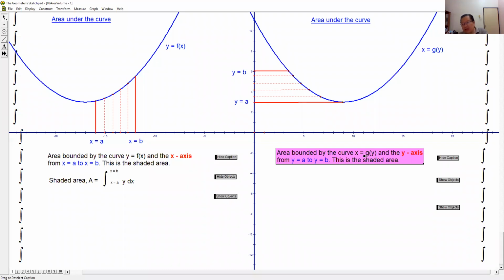The curve is slightly different. We start with x equals g(y), so it's a function of y, whereas on the left-hand side it is a function of x. Even if it's not given as a function of y, we have to make x the subject of the formula, so x equals something in terms of y.